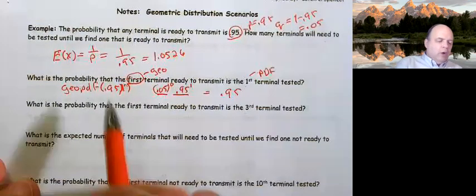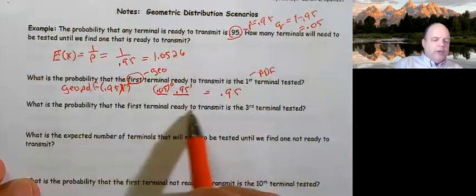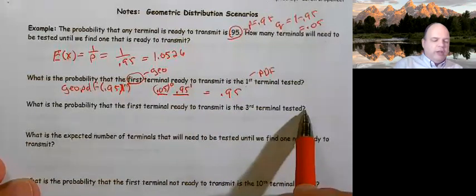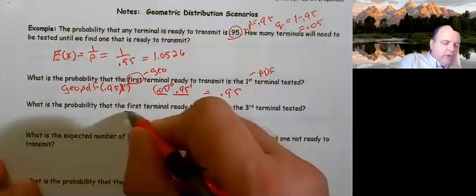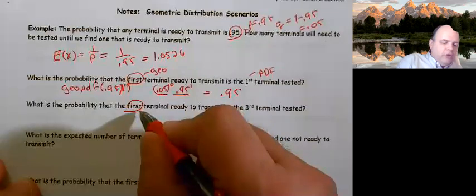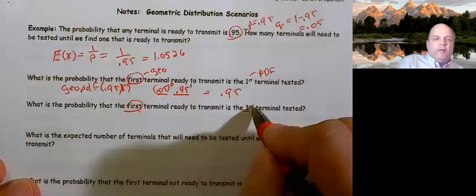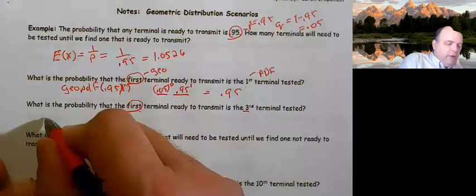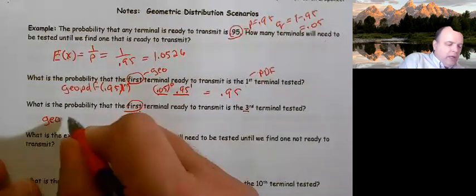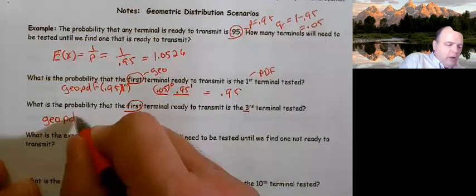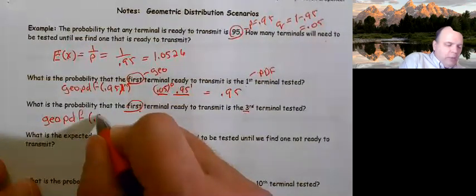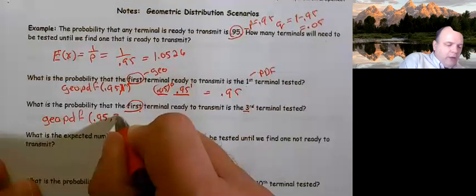The next one, what is the probability that the first terminal ready to transmit is the third terminal tested? Once again, there's that word first. That lets me know it's a geometric. It's the third one. So this is a specific value. So this means it's a GeoPDF. So for the calculator, and by the way, the calculator work does not get you any credit. I'm just writing this down so you know what to punch in, 0.95, 3.